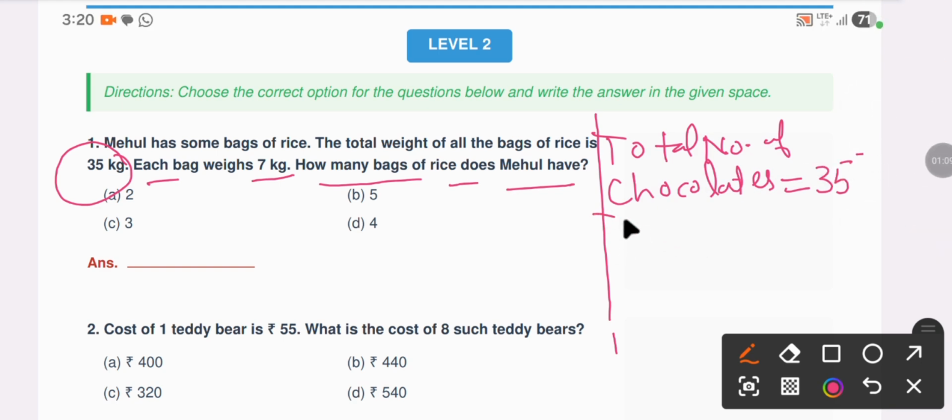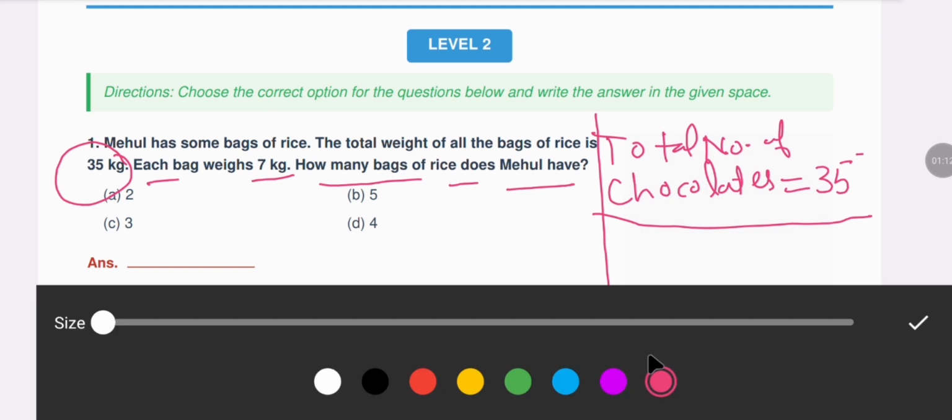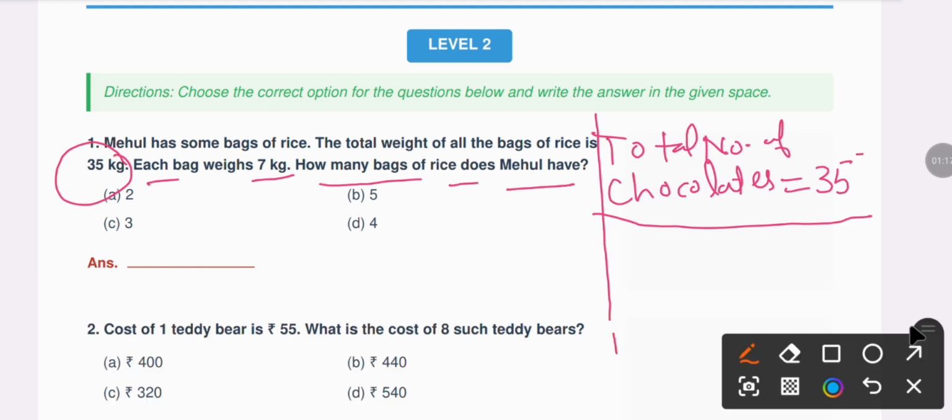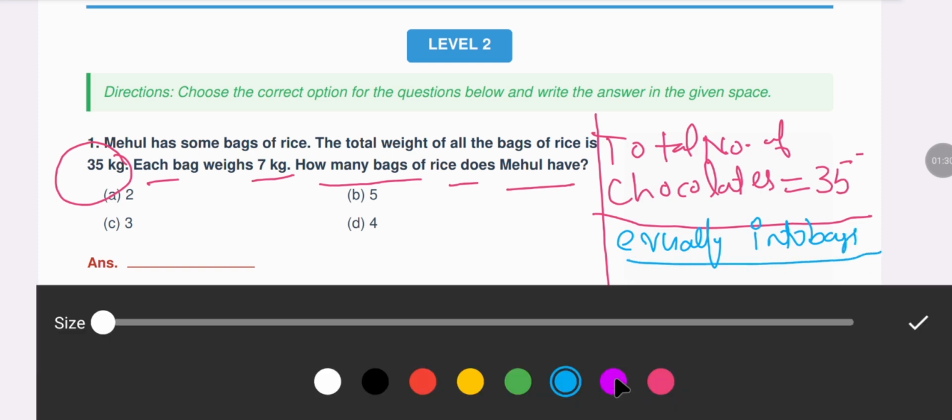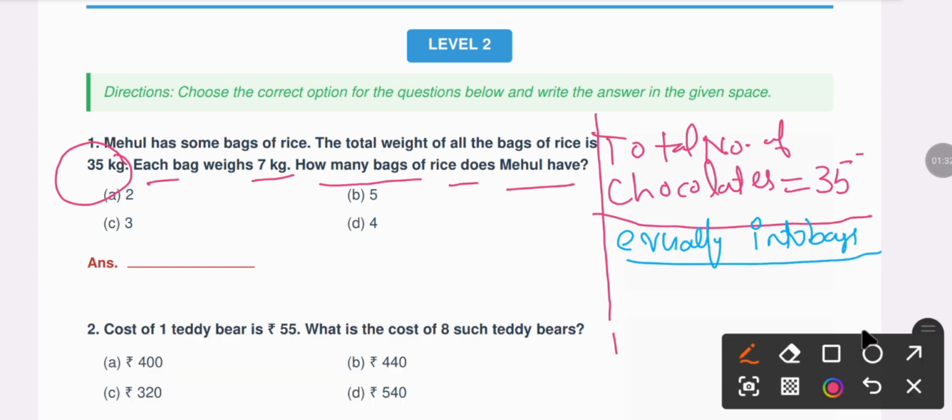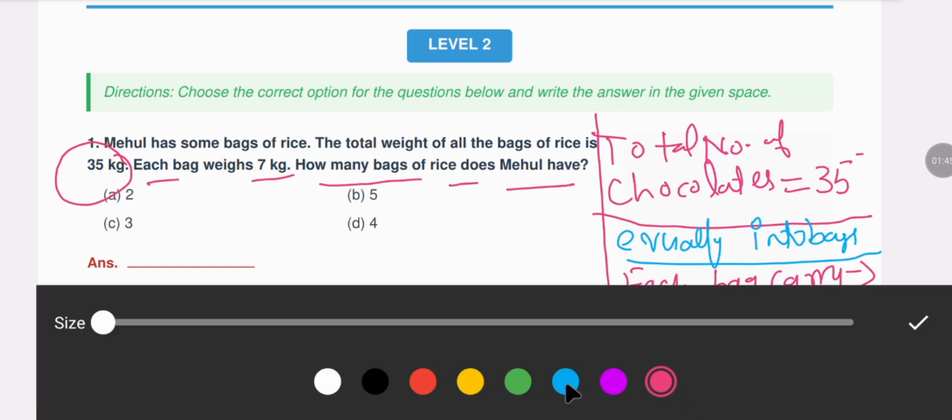So we have to put these chocolates into bags equally, but we don't know the number of bags. Each bag carries 7 chocolates.